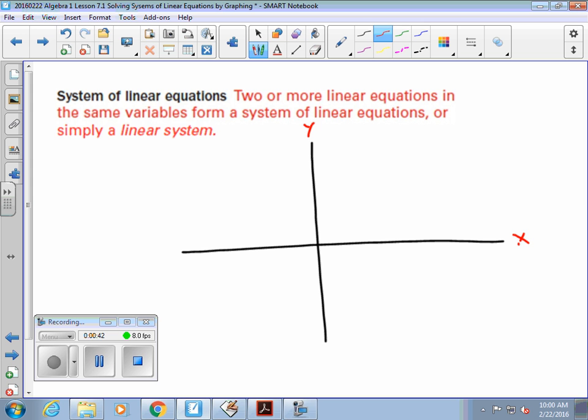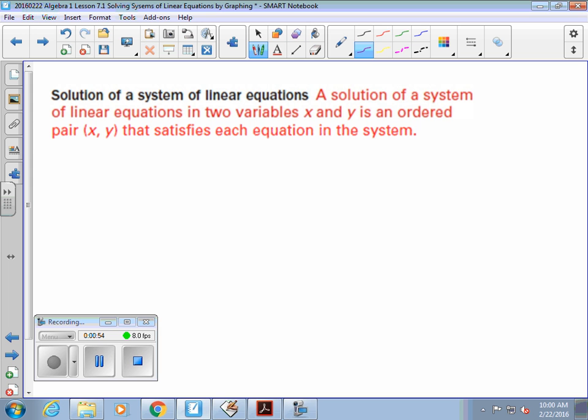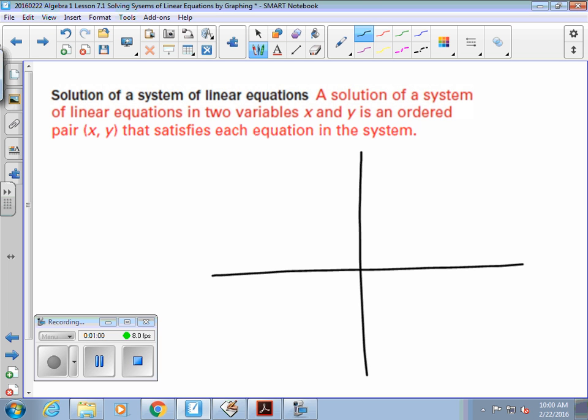When you have two equations, one going like that and one going like that, that creates a system where only one point solves or makes both of them true. A solution is that one point that I just showed a second ago. The solution is the one point where this line intersects with this line.